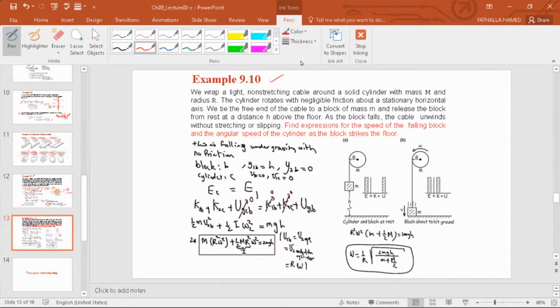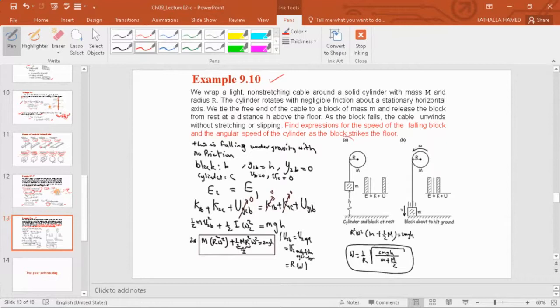As the block falls, the cable unwinds without stretching or slipping. Find expressions for the speed of the falling block and the angular speed of the cylinder as the block strikes the floor.